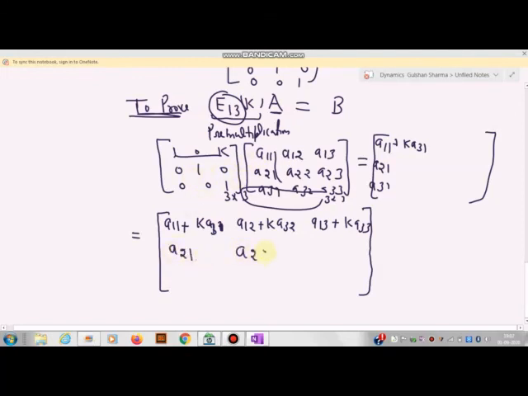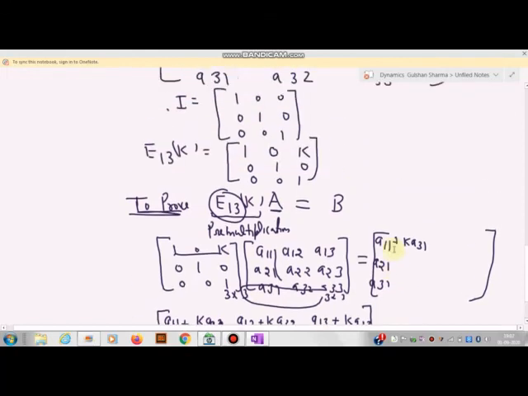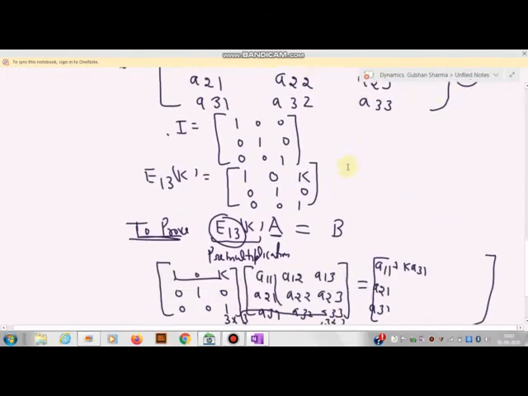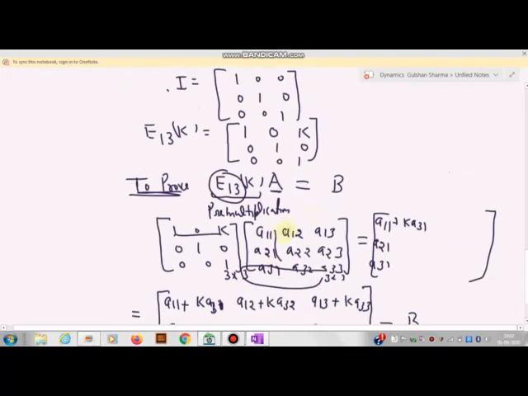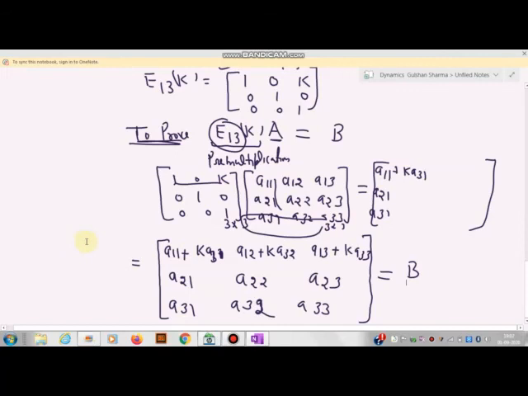Here is A22, here is A23, here is A31, here is A32, and here is A33. This is B. You see that this is B. So this proves our result, which we label as 2.